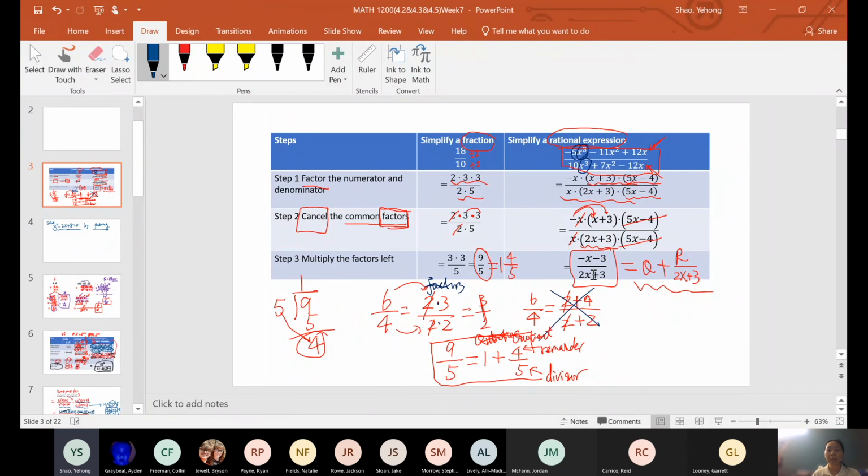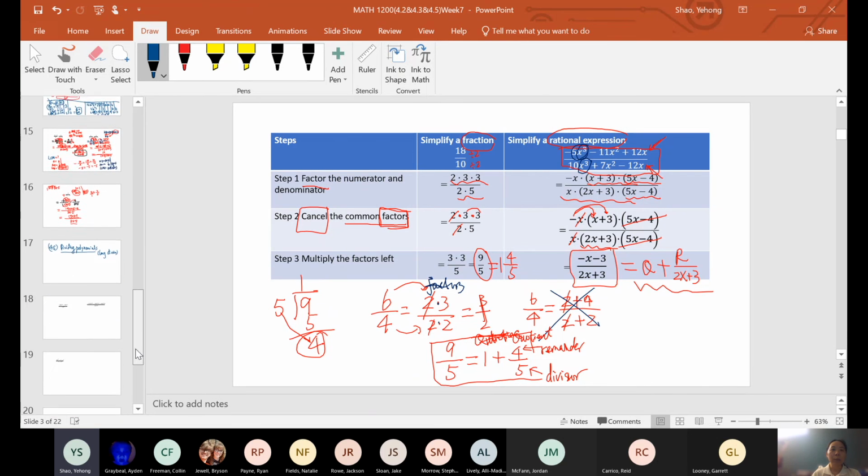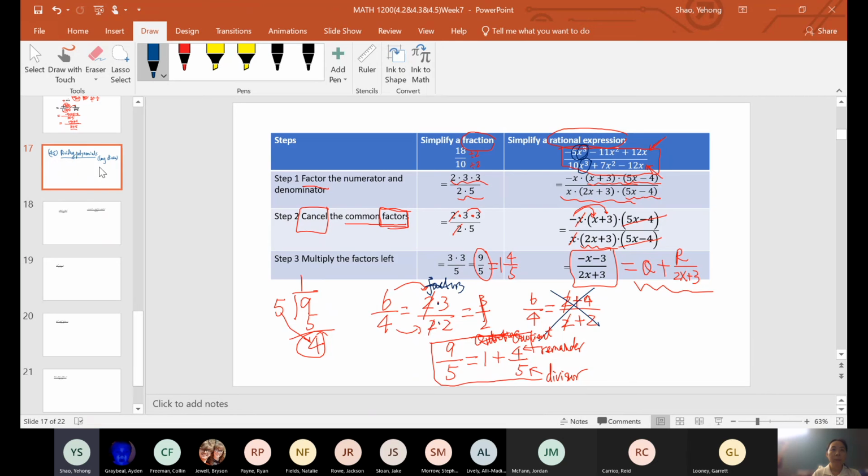You cannot really do anything else. But sometimes in certain occasions, we may want you to find out what the quotient is and what the remainder is. And you can still, similar to the process of changing an improper fraction to a mixed number, find the quotient and the remainder. Okay, so that's what we're going to talk about in this section.